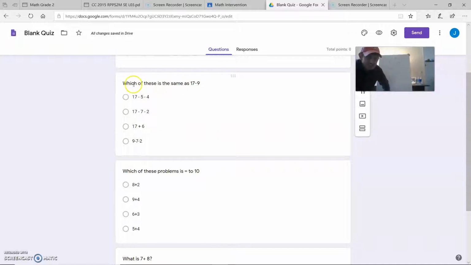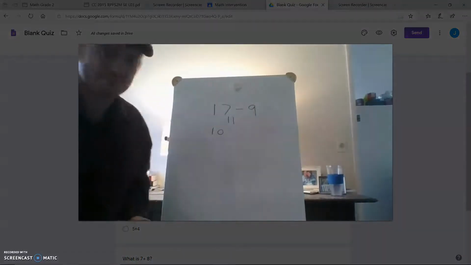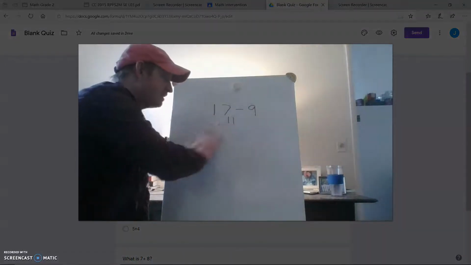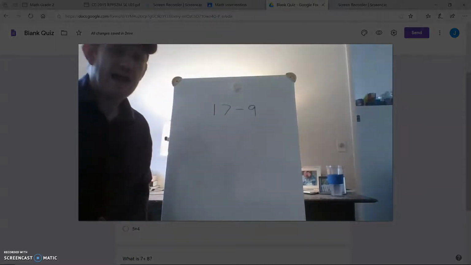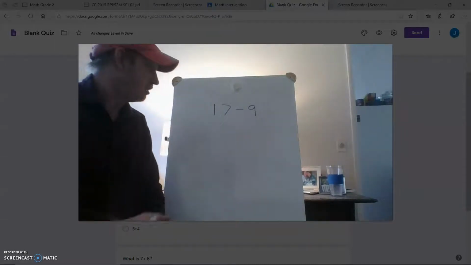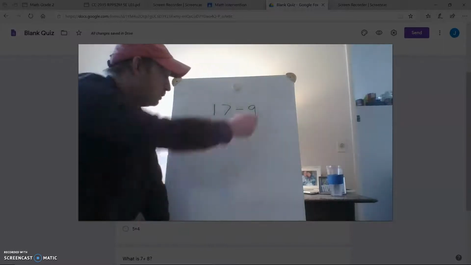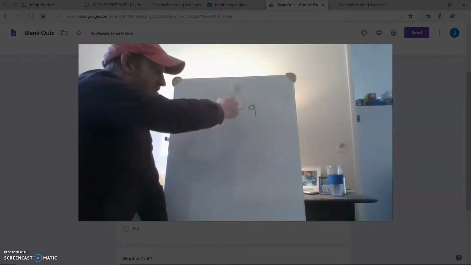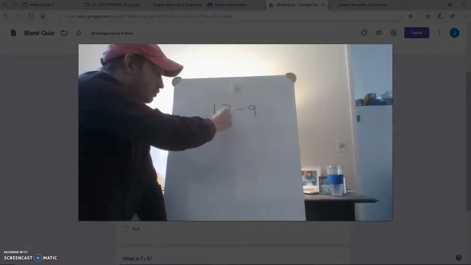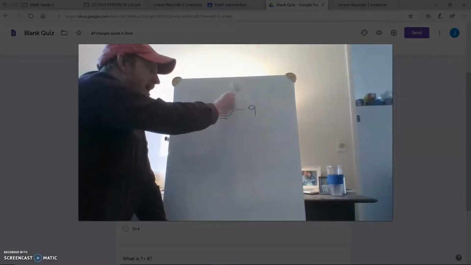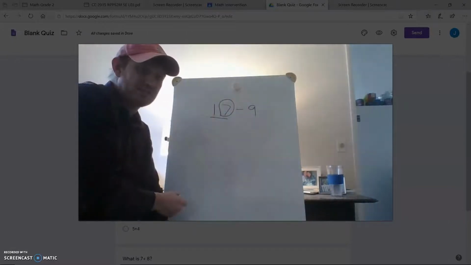So problem 1 says, which of these is the same as 17 minus 9? Let's take a look. So we have 17 minus 9, and we know from our lesson that we can make an even 10 out of this. So we have our two-digit number, and we want to subtract the ones place.